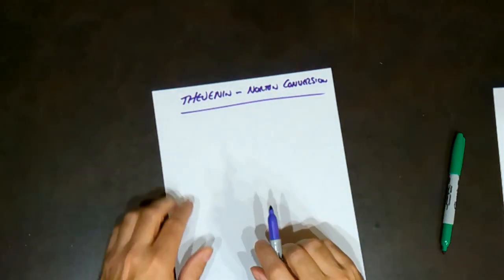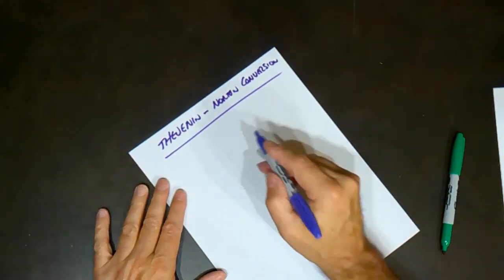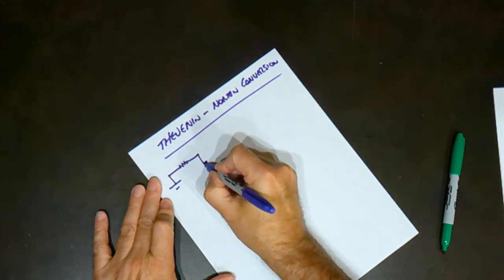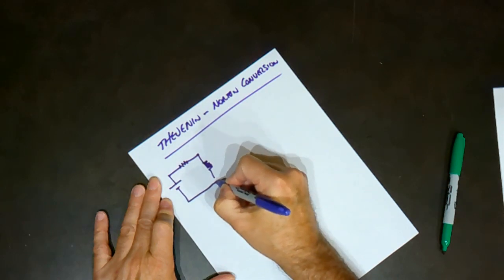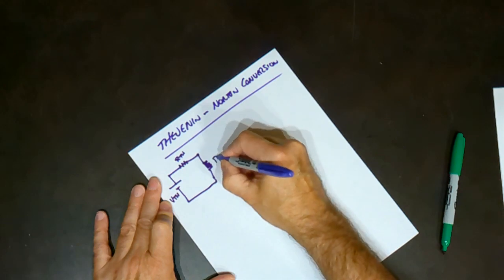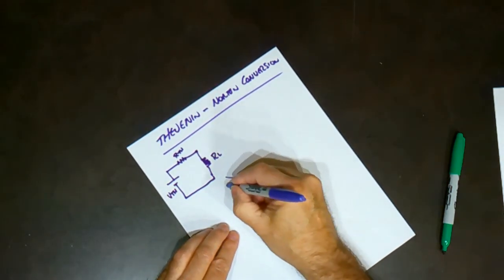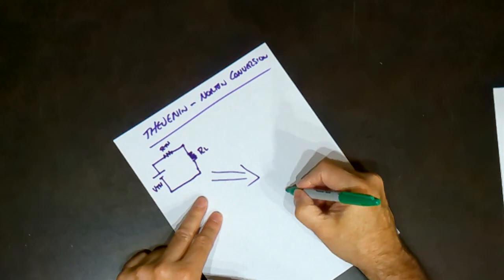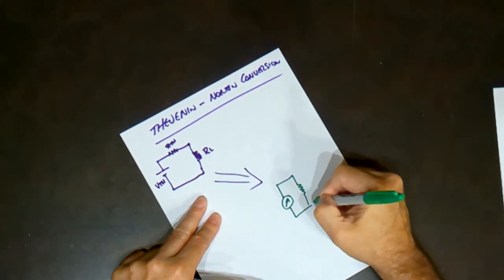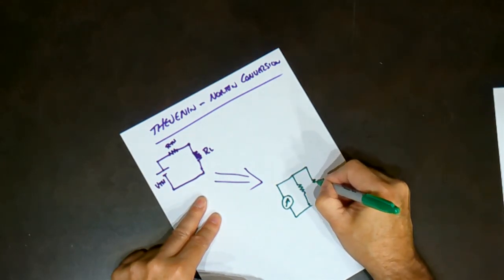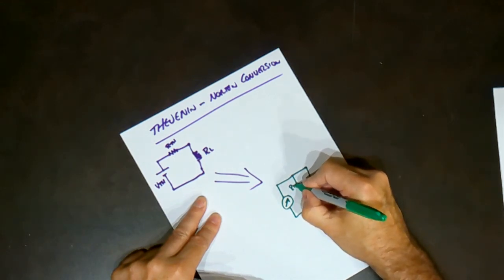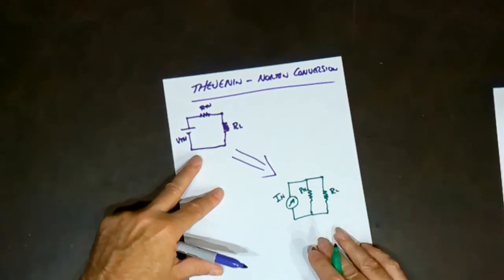There is an easy conversion between Thevenin's and Norton's. So if I take a Thevenin's circuit, this is R Thevenin, V Thevenin, and load, and I want to convert this into Norton's circuit, here's the load, here's R Norton, and I Norton.